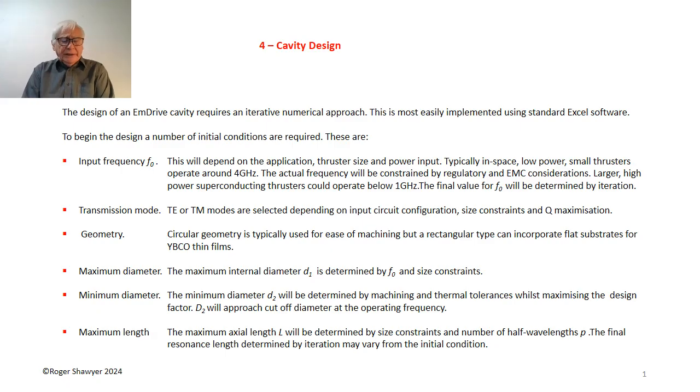The actual geometry of the cavity itself will really depend on the type of thruster we're aiming for, but inevitably we will use a circular geometry because it's easier to machine, and really the only rectangular type of cavities would be where we are using flat plates, IPCO thin film substrates.